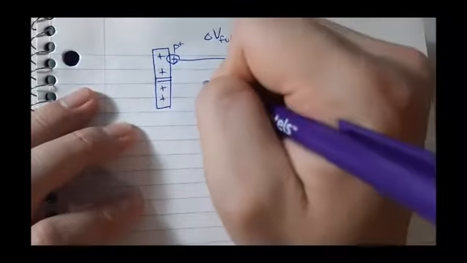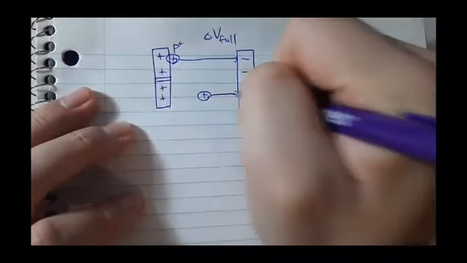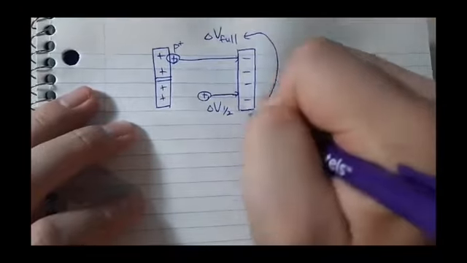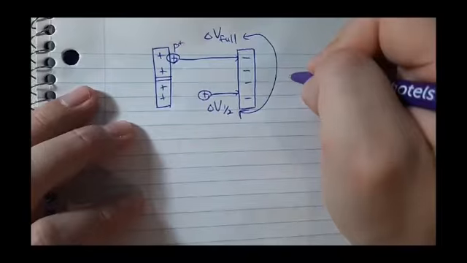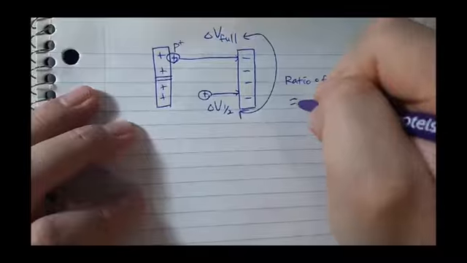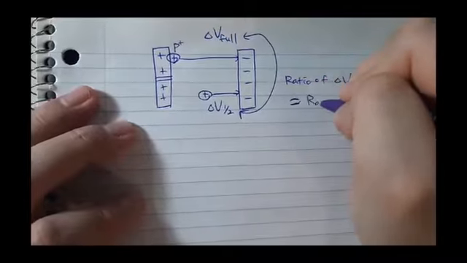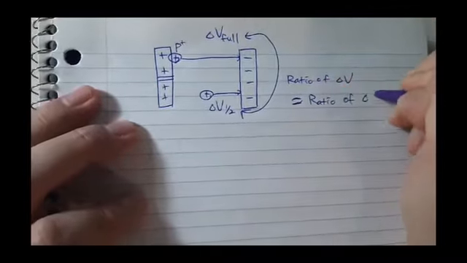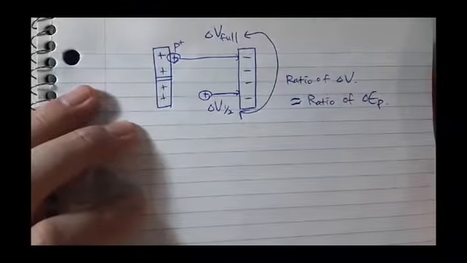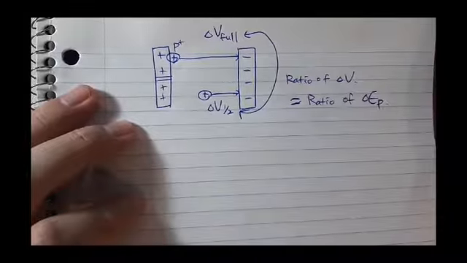If, for example, a proton travels from one end to the other end, you need to use the full amount. But if it's from halfway, then you may notice it becomes half the potential. That plays a huge role because that ratio of potential difference equally applies to the ratio of electric potential energy. That's why. So it is very straightforward.